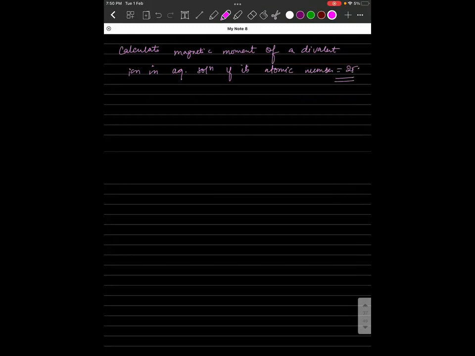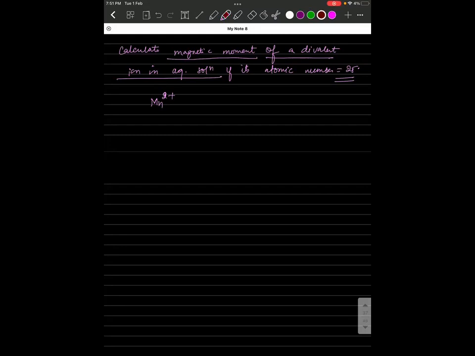Which will be the element? Manganese. Atomic number 25, yes, manganese. Now we need to calculate the effective magnetic moment of a divalent ion in aqueous solution. That means we need to calculate for Mn2+. Yes, it is divalent.